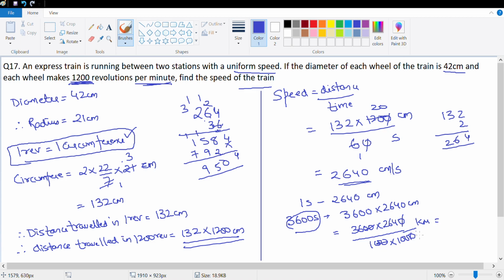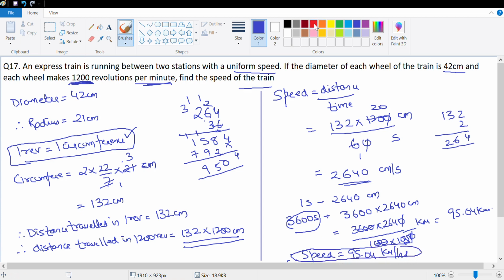One zero is gone, right? This zero is gone, so I have two zeros. So 95.04 kilometer. So this is the distance it travels in 1 hour. Therefore, speed is equal to 95.04 kilometer per hour.